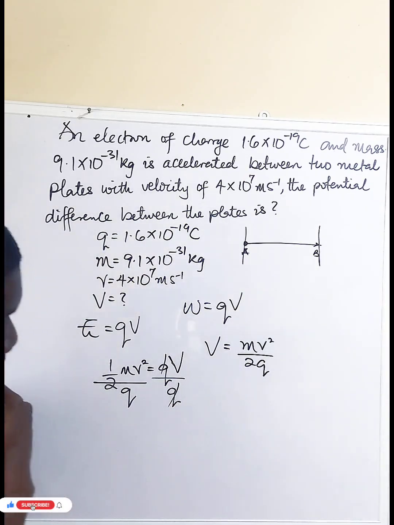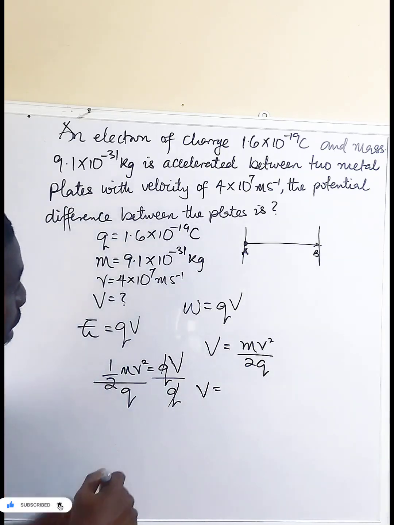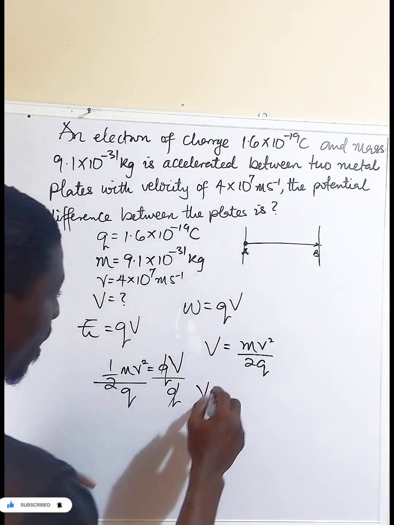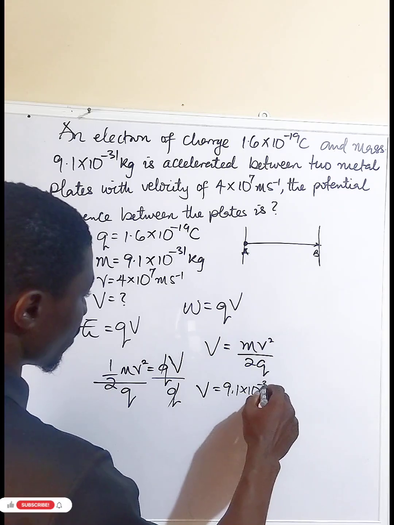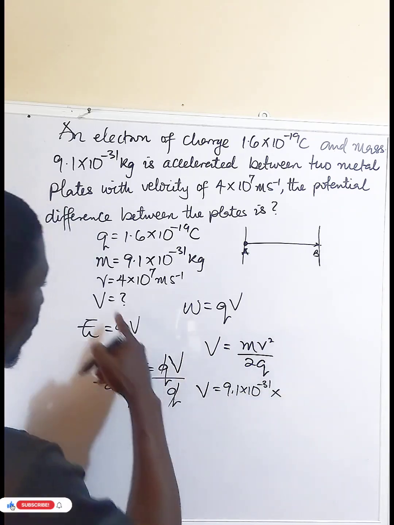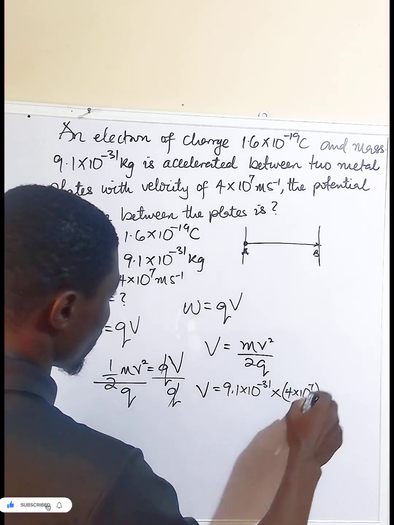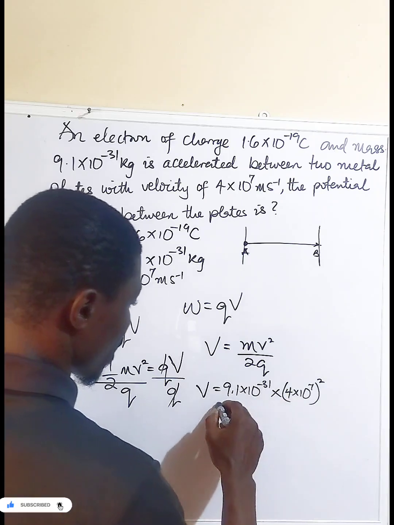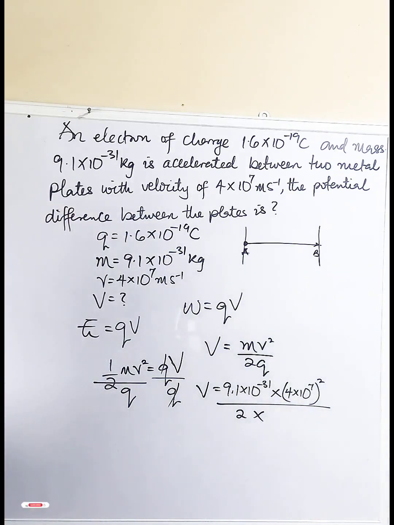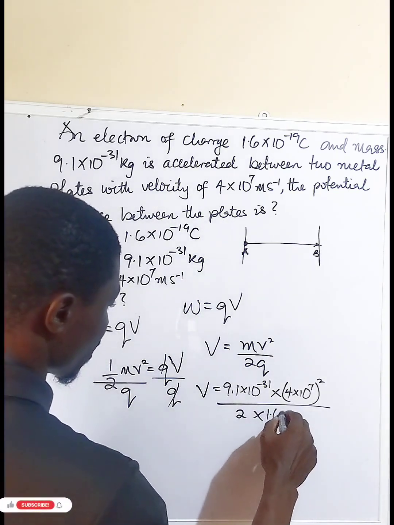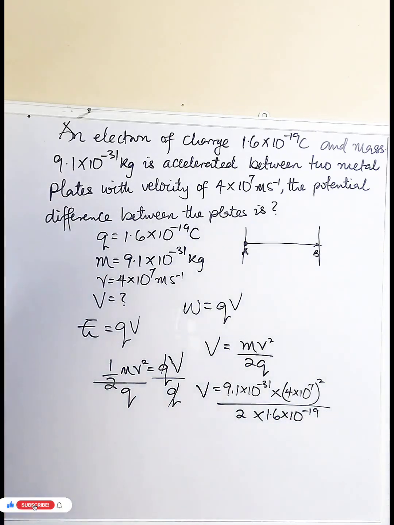So V, the potential difference, equals the mass, 9.1 times 10 to the power of minus 31, times the velocity 4 times 10 to the power of 7, all squared, then all over 2 times our charge 1.6 times 10 to the power of minus 19.